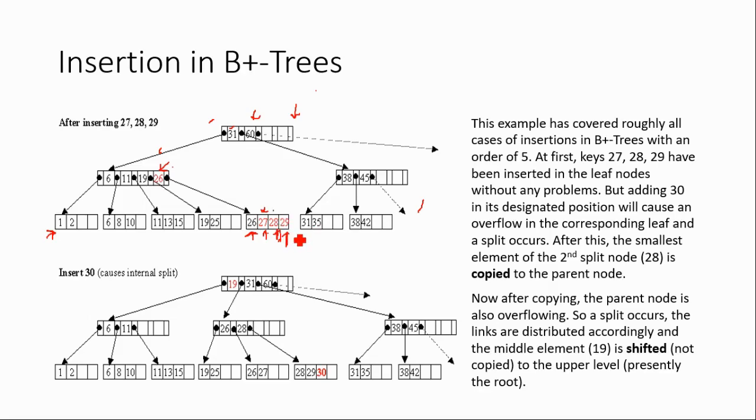So here we are supposed to insert 30, but as we have seen, the order of leaves is 4. So if we insert 30, there will be an overflow.